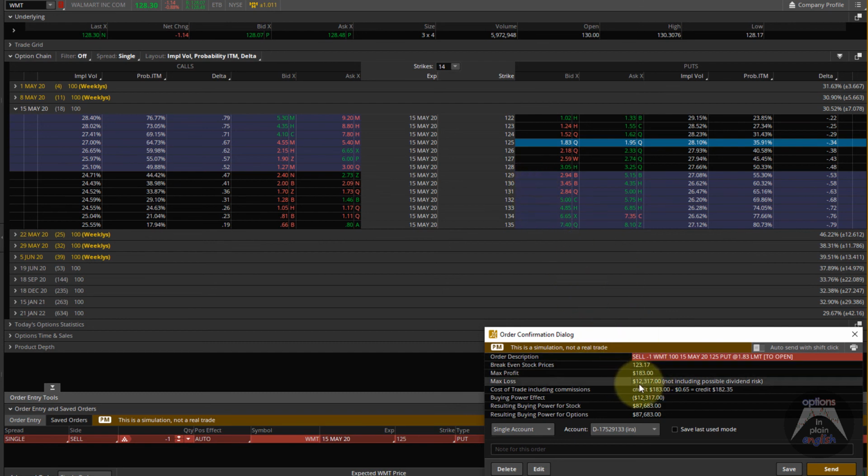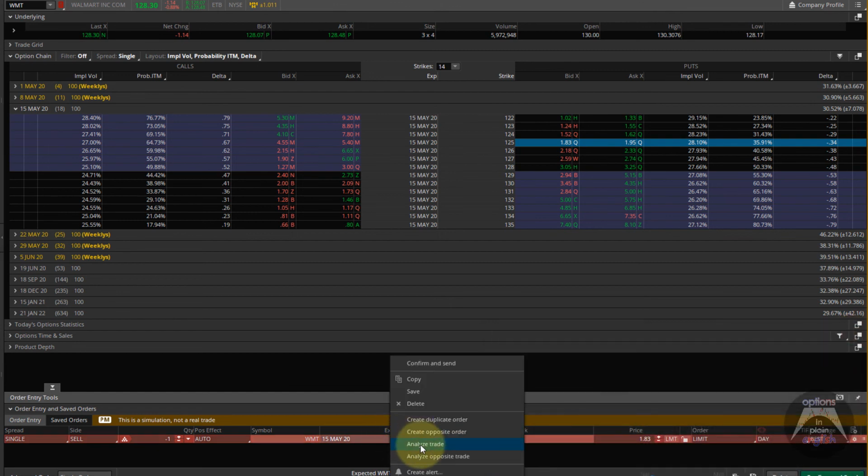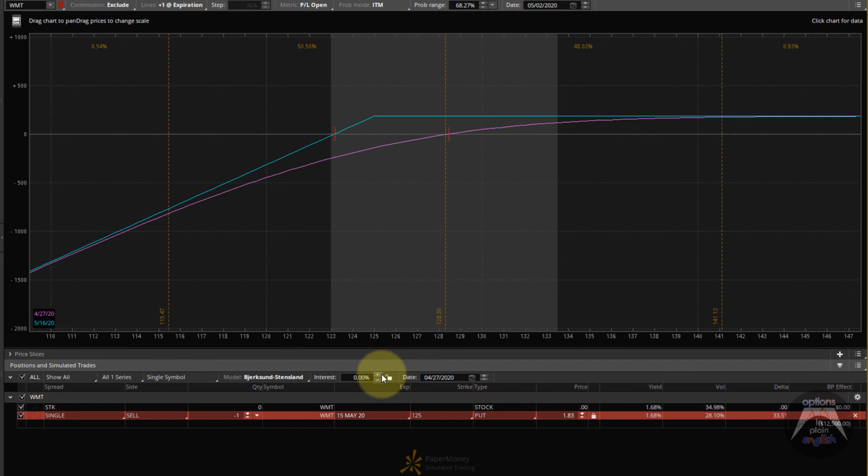But you can see here that the buying power effect is $12,317. So you need to have this money prior to putting on this position if you're in a cash account, or you are in a margin account that doesn't have the approval level for naked puts or naked calls or anything uncovered.